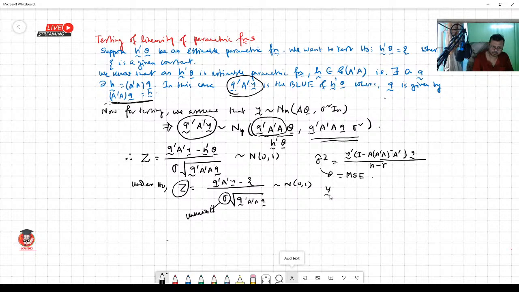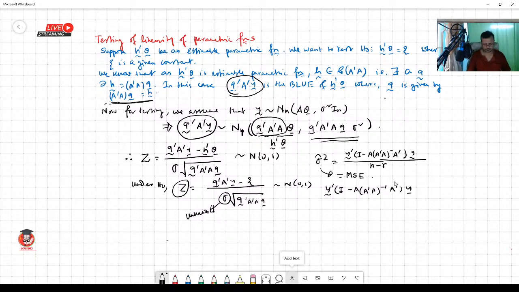Because we know y curl prime a prime, this is again the result of multivariate normal, since y curl follows multivariate normal.